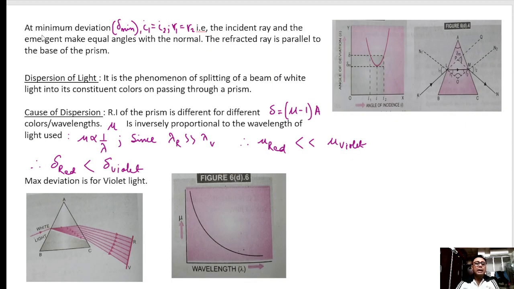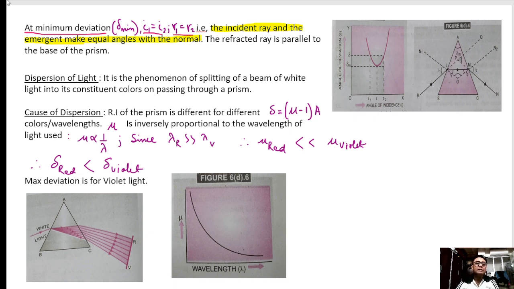Next, at minimum deviation, as I told you, I1 is equal to I2 and R1 is equal to R2. That is, the incident ray, please watch here, and the emergent ray make equal angles with the normal, because I1 is equal to I2.